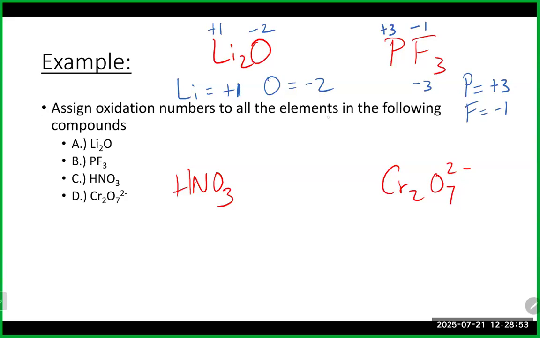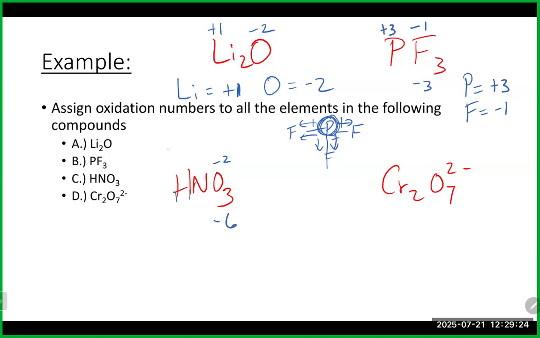In this case, phosphorus, because it's sharing electrons with a very electronegative element like fluorine, all the electrons are going to be sucked away from the phosphorus and going to make phosphorus more and more positive in this sort of sharing of electrons than we normally think of it in an ionic compound where it's negative.